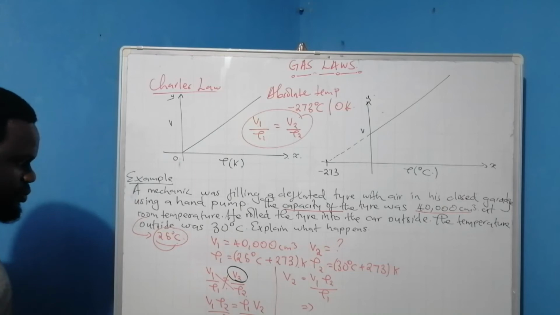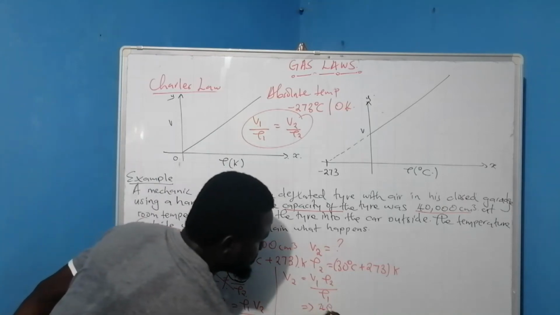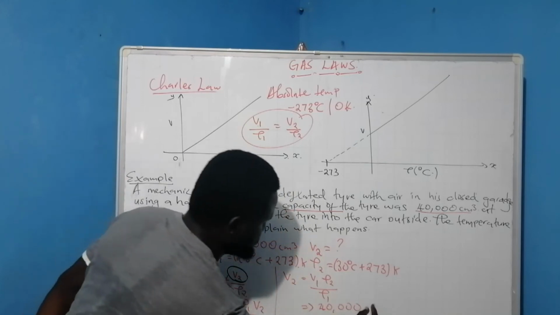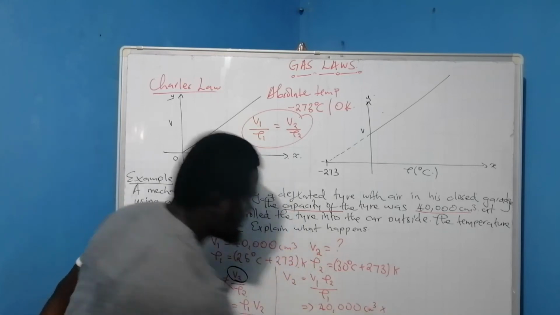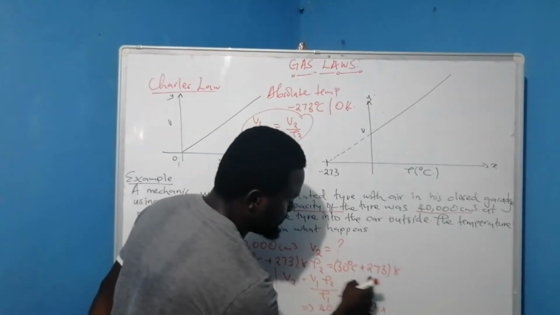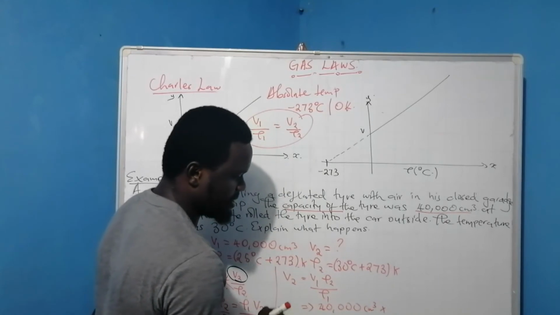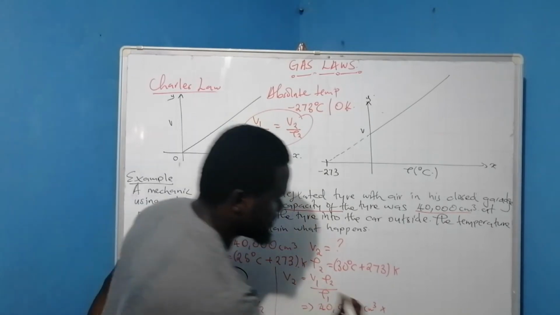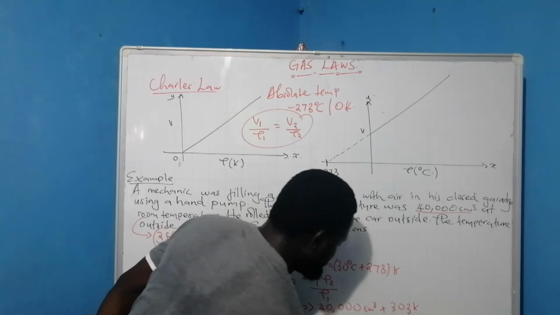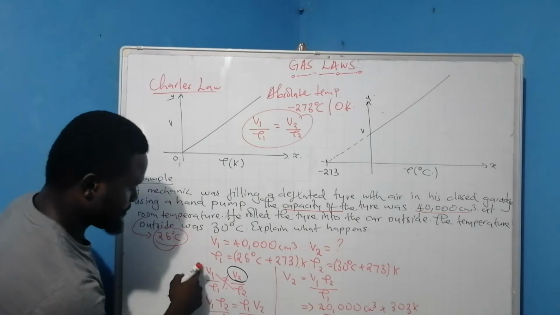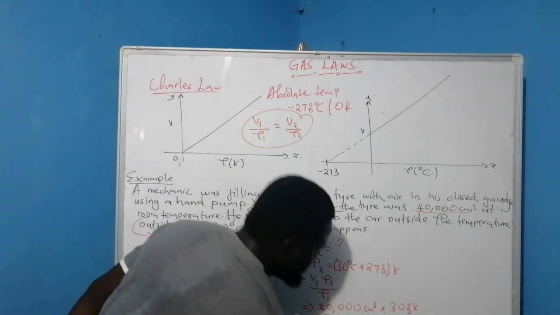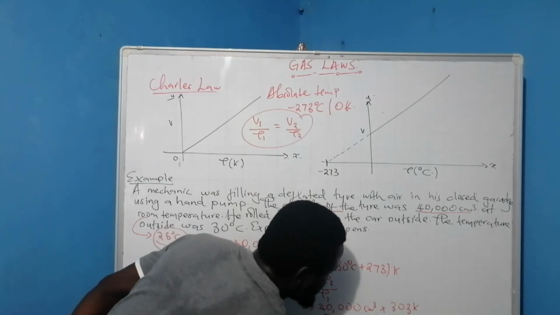So how do I get it? What is my V1? 40,000 cubic centimeters times what is T2? T2 is 30 plus 273, which will give me 303 Kelvin. I divide everything by T1, which is 25 plus 273, giving me 298 Kelvin.